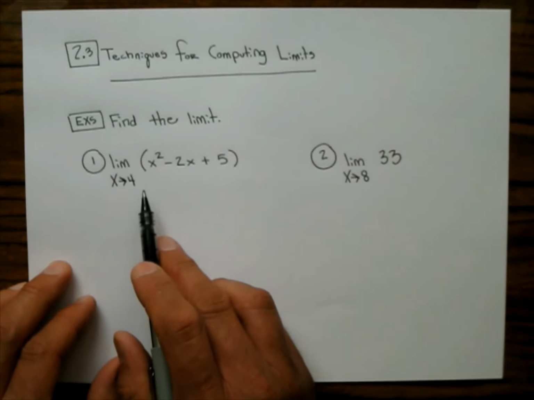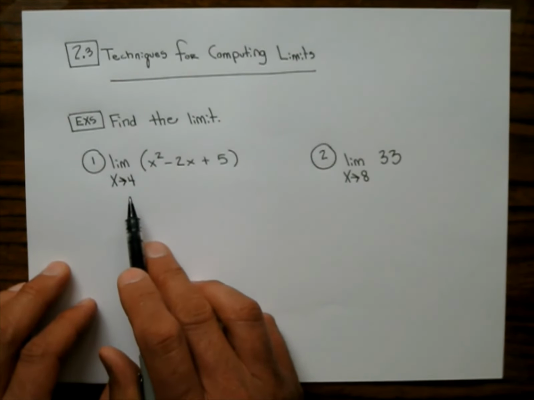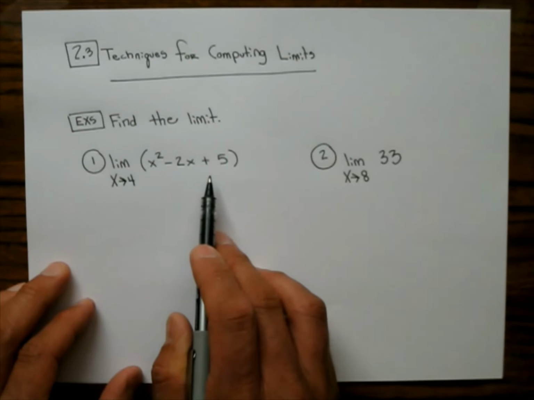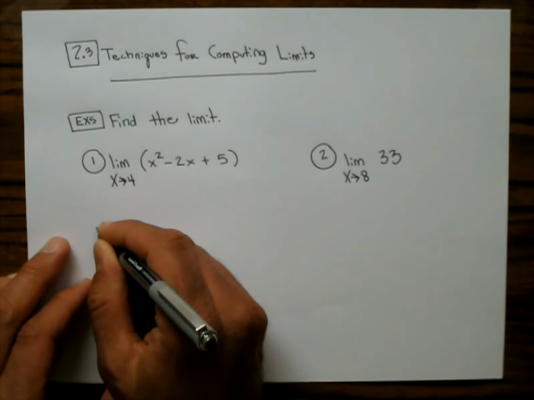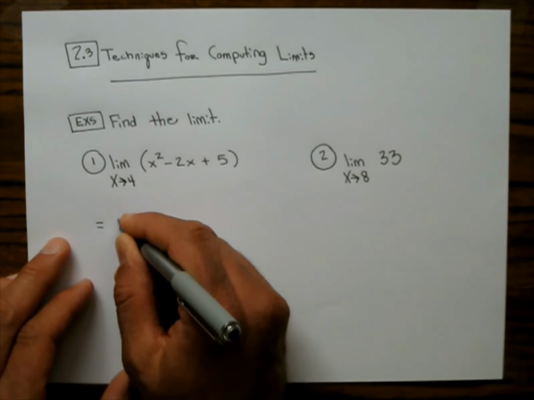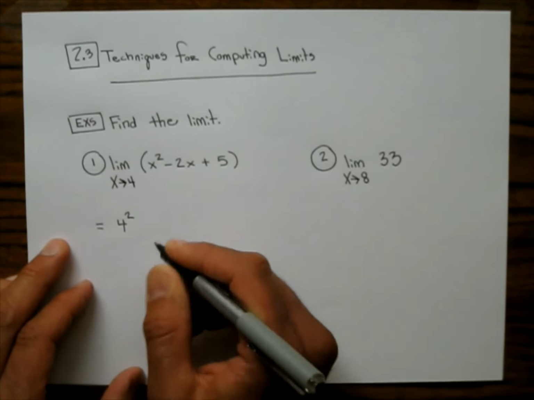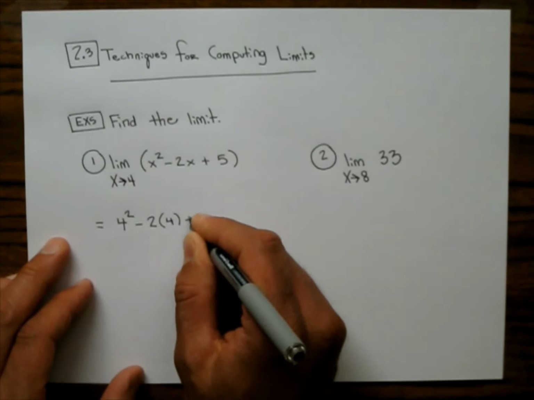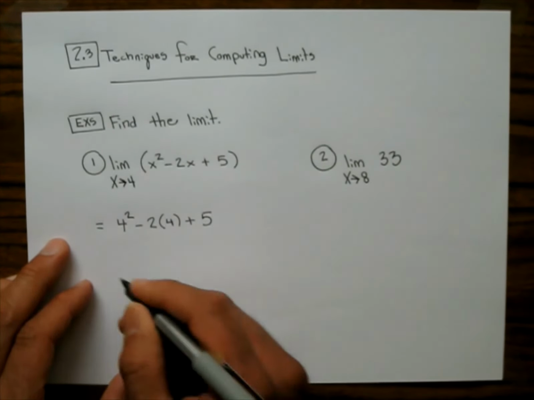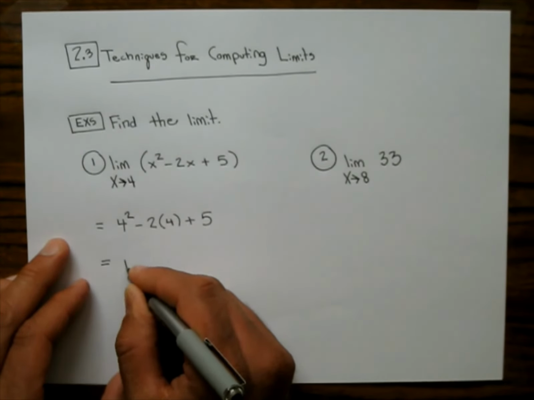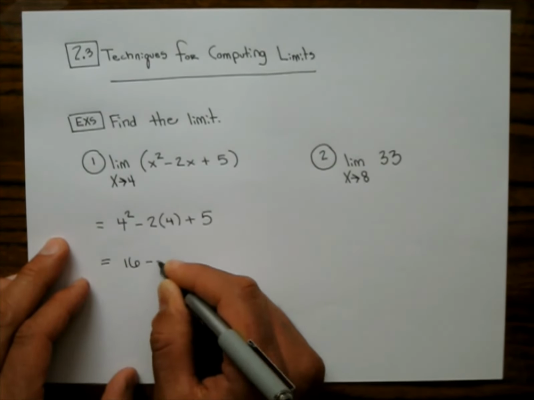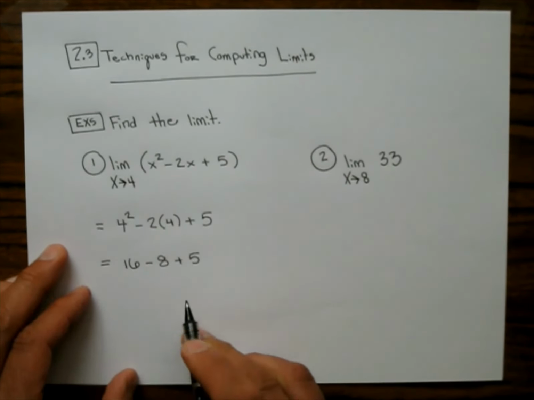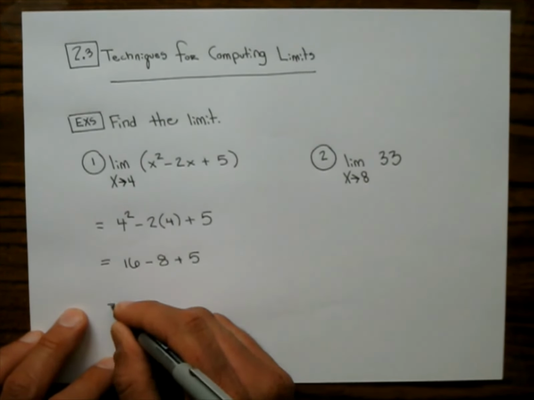Well, this is what I'm always going to try first off the bat, is putting 4 in for x and seeing what happens. So when I do that, I end up getting 4 squared minus 2 times 4 plus 5. So this gives me 16 minus 8 plus 5. And that's going to give me 13.